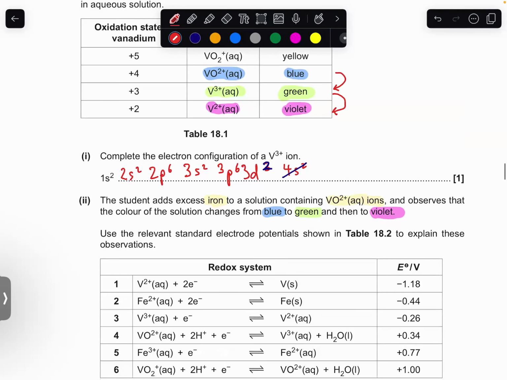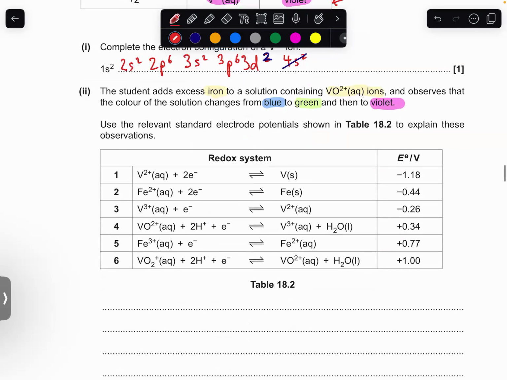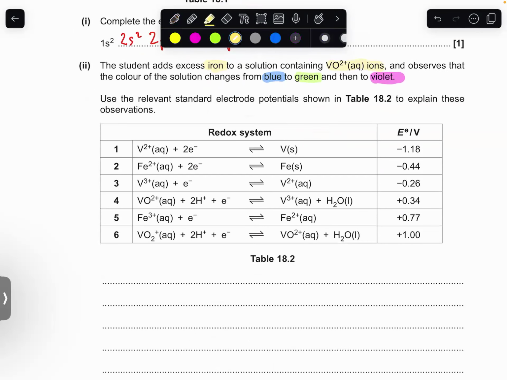Let's have a look at our redox systems and the electrode potentials. Let's look at excess iron. Excess iron is added to a solution of VO2+ ions. There are 2 VO2+ ions, here and here, but we want to form V3+ ions. So I think we're going to use redox system 4.